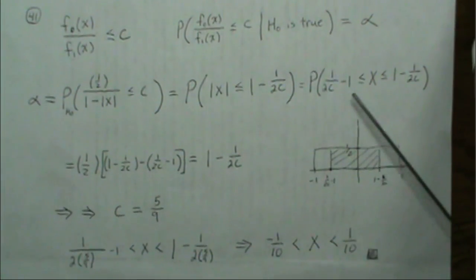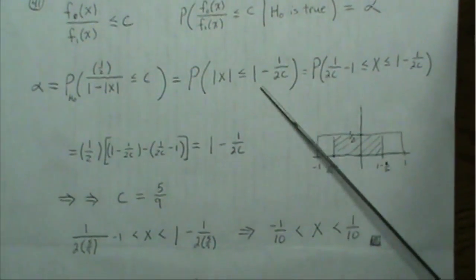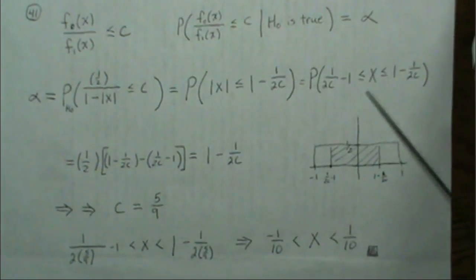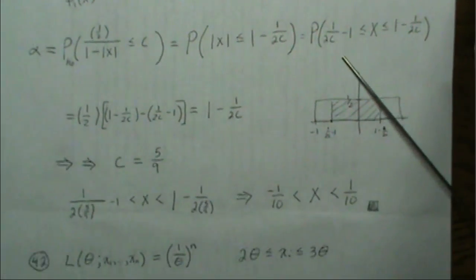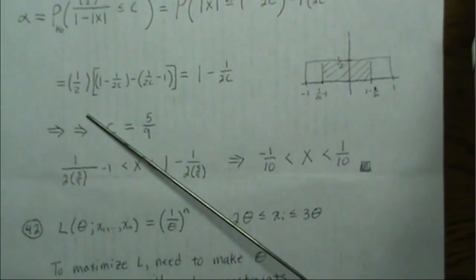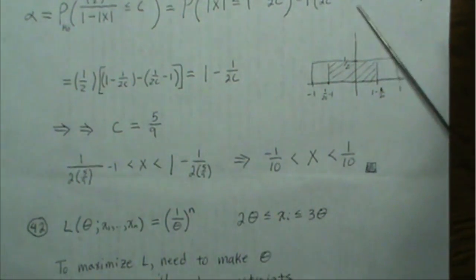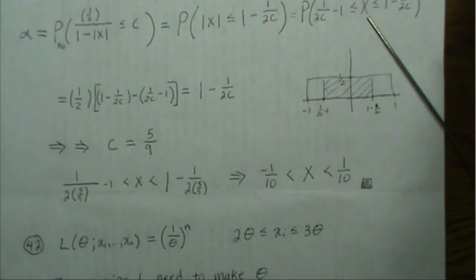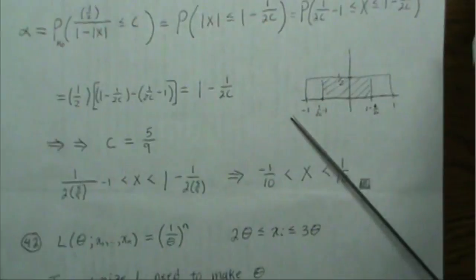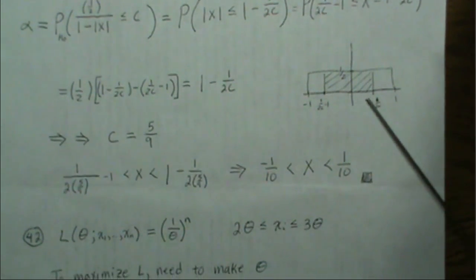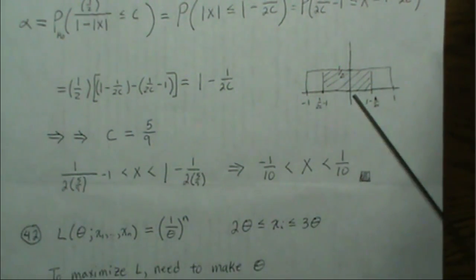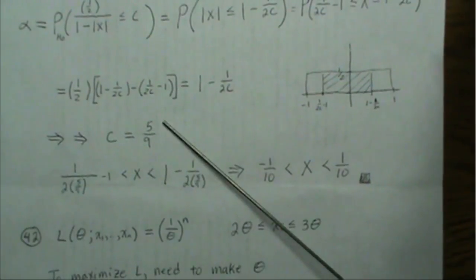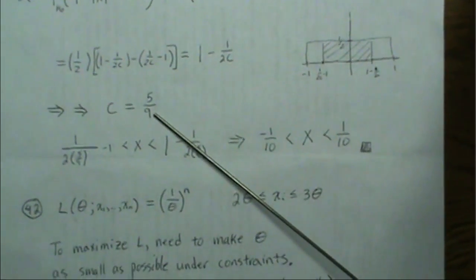So that means that x is between the negative of this and the positive of this, which is this setting. And we get, since x is a uniform distribution, we know that this is the probability. And this is a picture of it. So this implies that c is equal to 5/9.